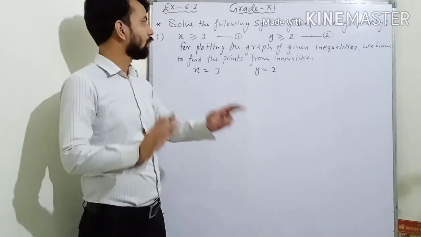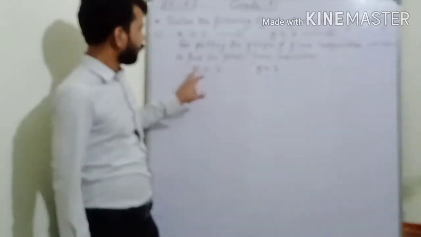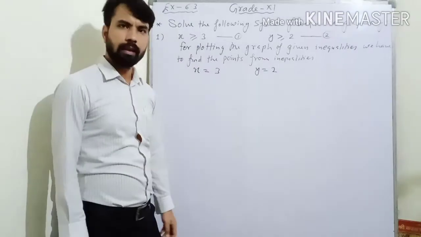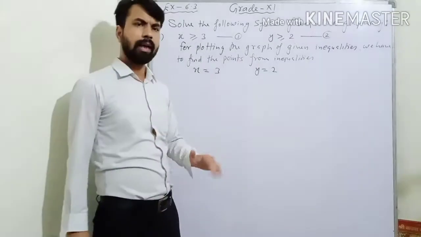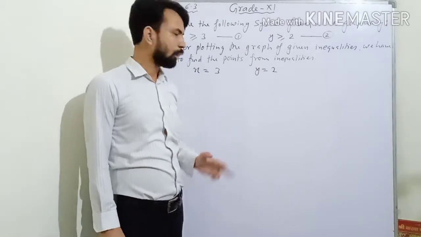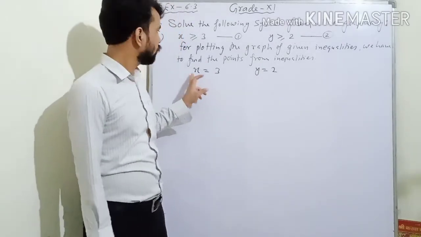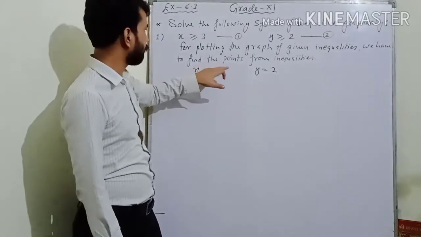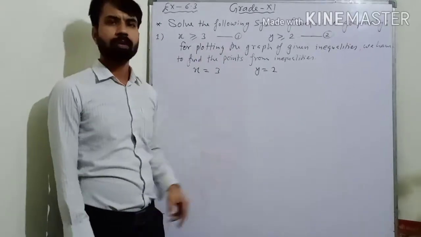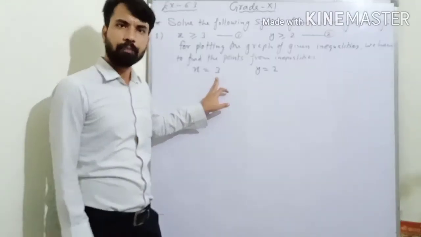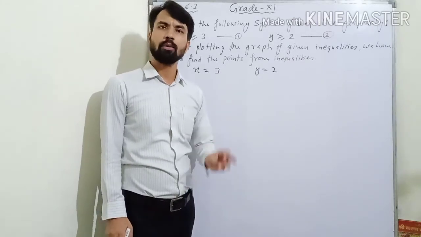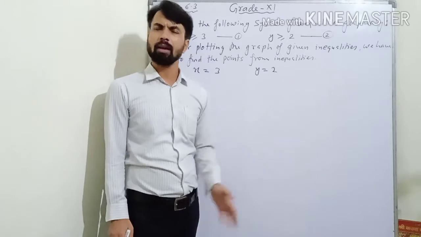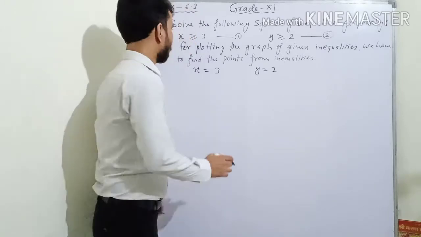Clear? Now I am telling you, whenever x equal to 3 is here, that means here, whatever we can take any value of y, because y is missing here, no? So the value of this equation is always remain 3. No matter what is the value of y. Y is 1, 2, 3, 4, 5, 6, whatever. Clear?